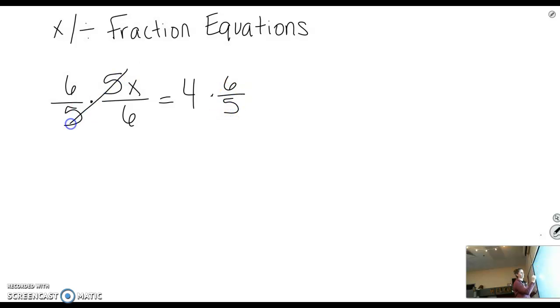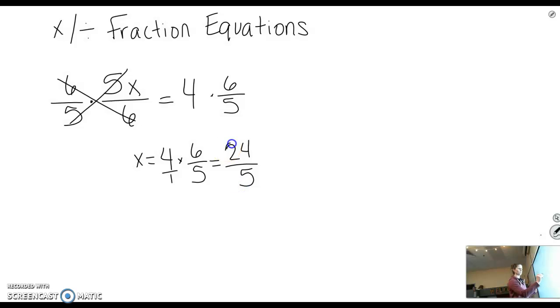Because now I have 5 and 6, they cancel each other out, and I have x equals 4 times 6 over 5. Right? So now I just multiply across. This is over 1. 6 times 4 is 24. 1 times 5 is 5.